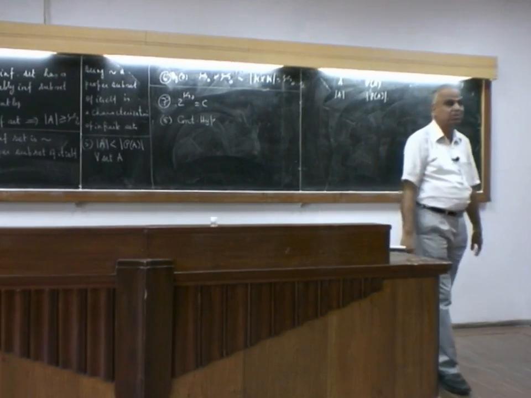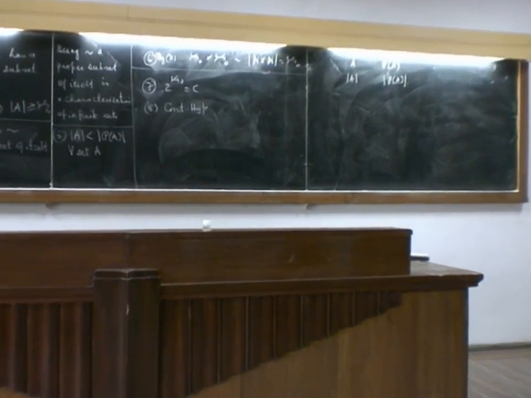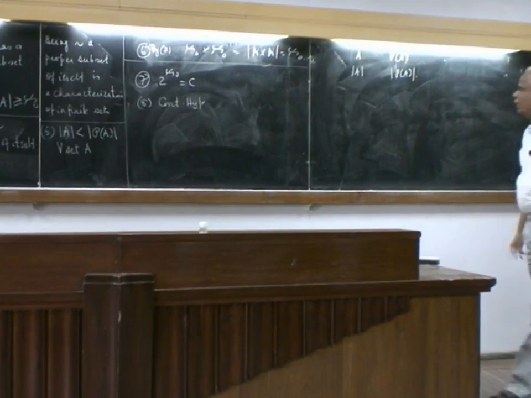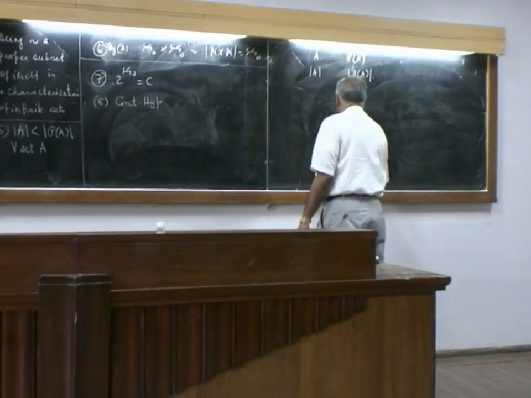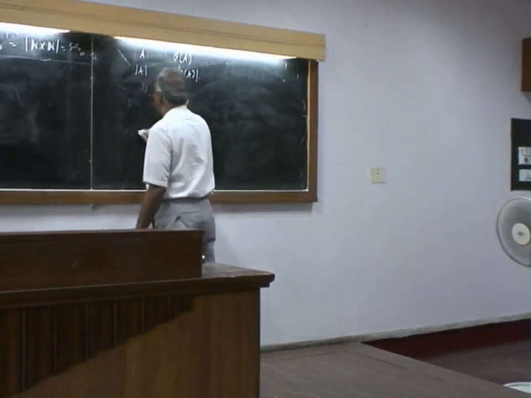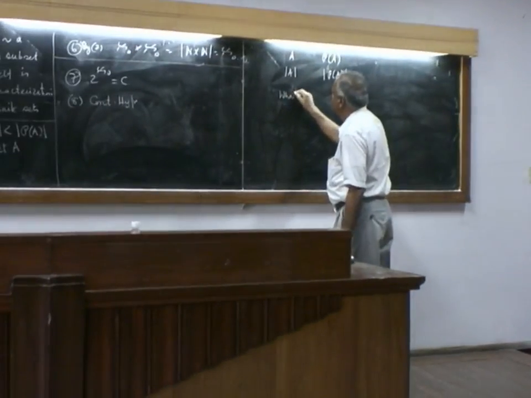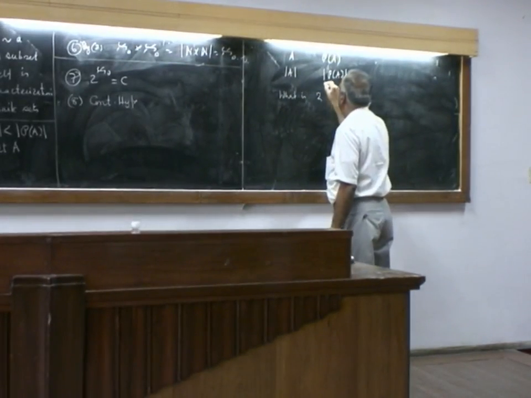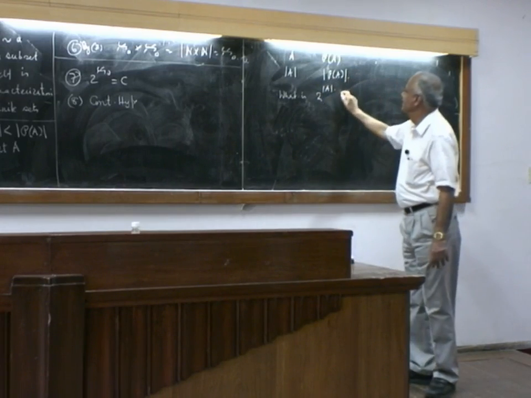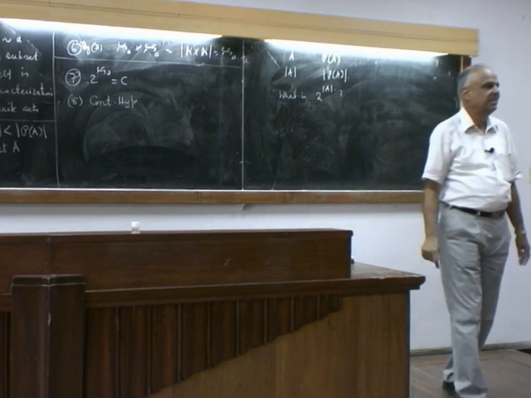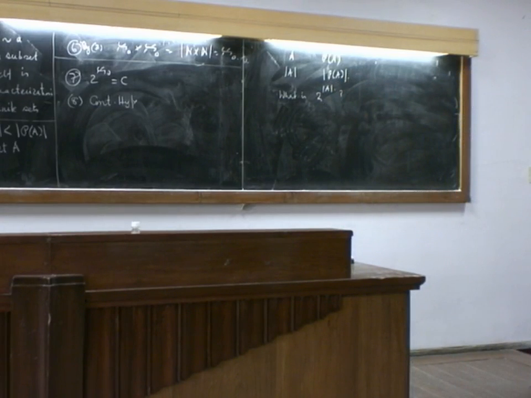What is the connection between these two cardinalities? What does this 2 to the power |A| mean?